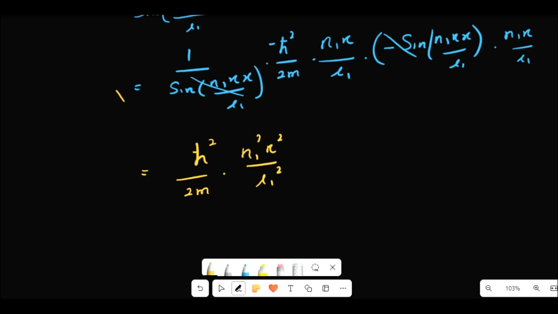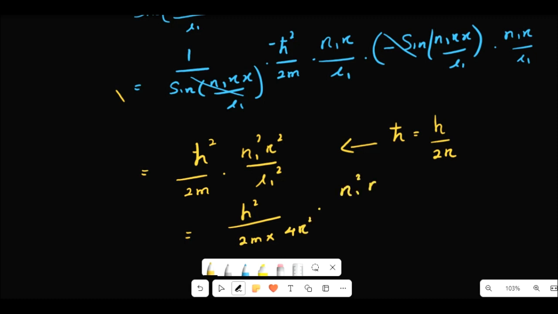So now I'm going to do some substitution. You know h bar is h over 2 pi, so I'm going to substitute h bar by h over 2 pi: h squared over 2m times 4 pi squared, times n1 squared pi squared over L1 squared.